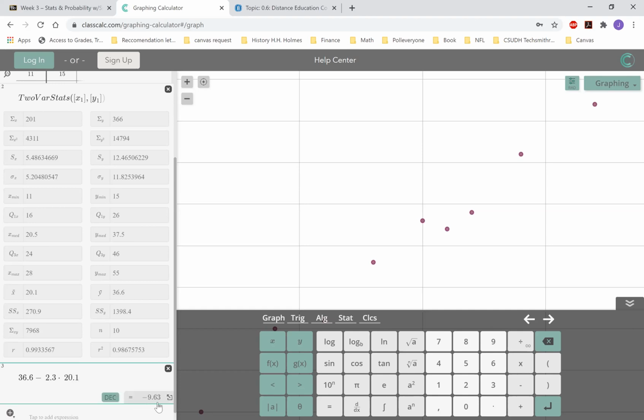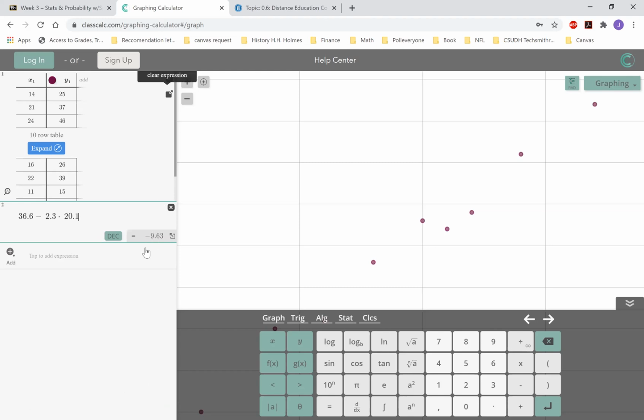So if you look right here, we get negative 9.63. So we're also going to round that to one decimal place. So we'll put negative 9.6. All right, and we found our y-intercept. Here, let's take this out. We don't need that. All right, any question on the y-intercept?